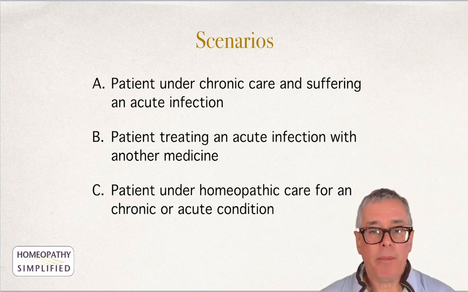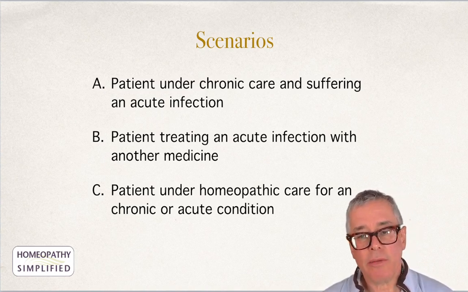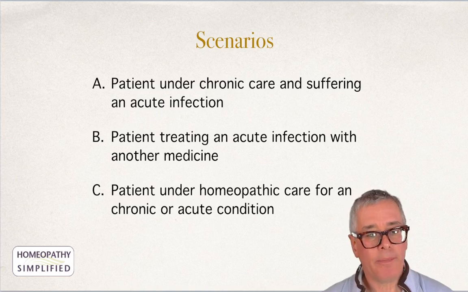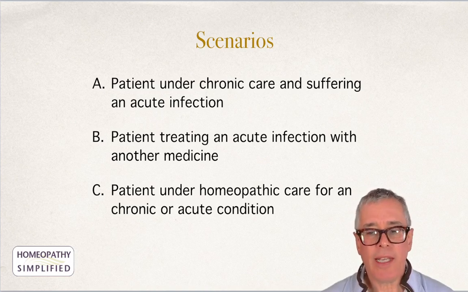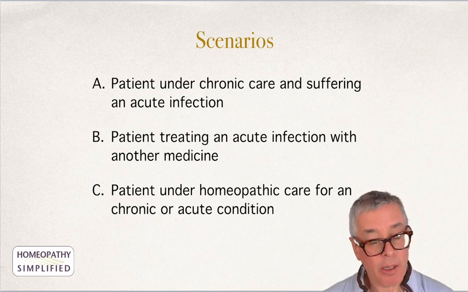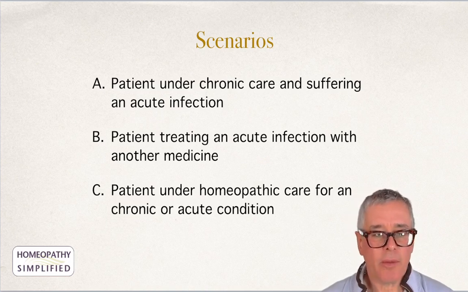In this second scenario, B, the patient is treating an acute infection with another medicine. So maybe they've got pneumonia and they went to get checked by their doctor and for sure they've got walking pneumonia. And should they or shouldn't they take the antibiotic rather? And not for me to judge or say yay or nay, it's not the point.